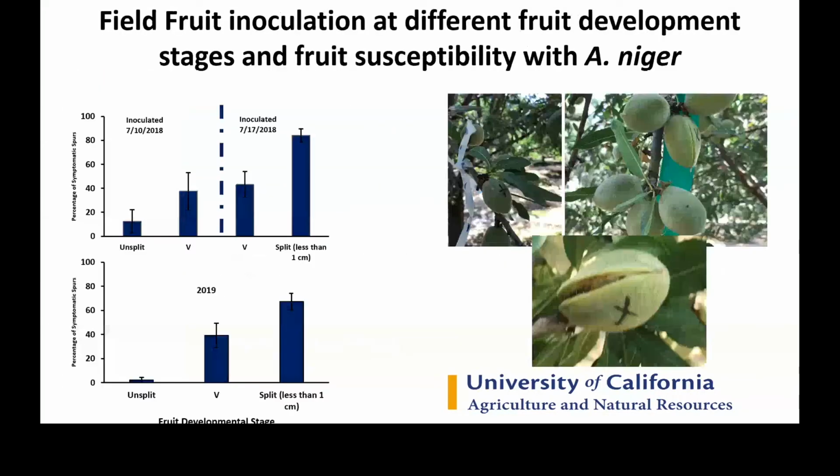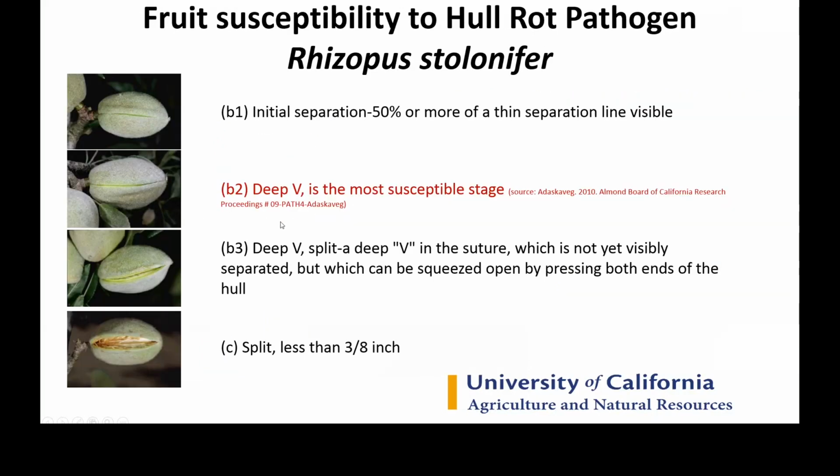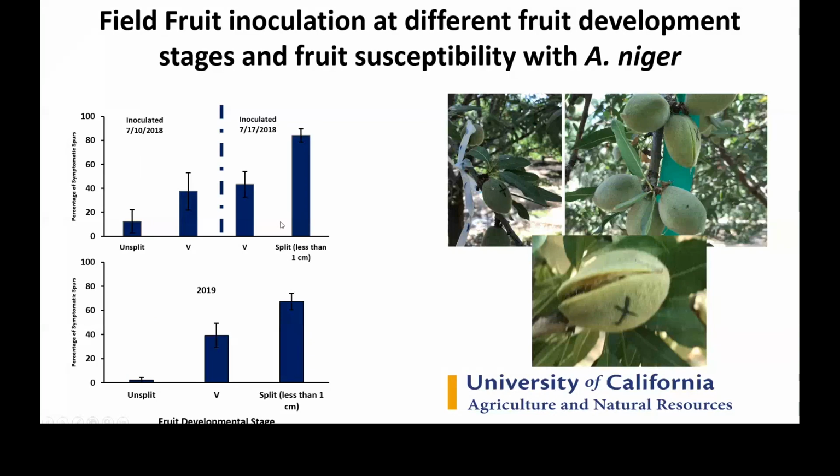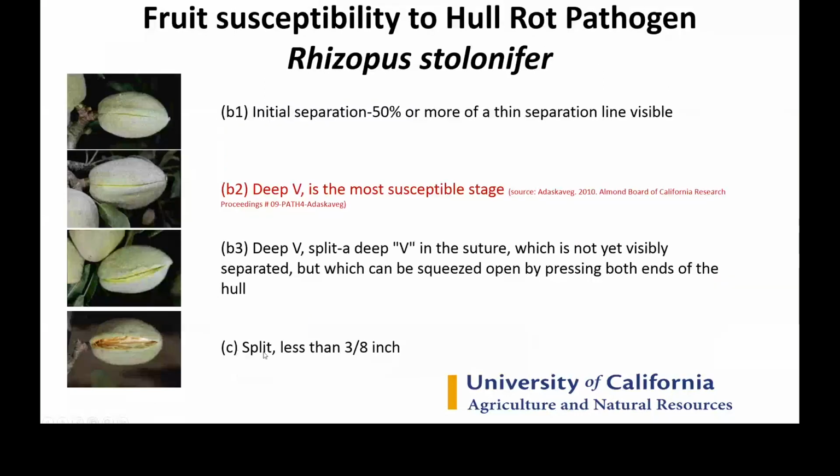When it comes to Aspergillus niger, in previous years I have done similar work looking at 3 major fruit stages: whether the fruit is unsplit, or at the B2 stage, which is the deep V, or when the fruit is split less than 1 centimeter, which is pretty much stage C, split less than 3/8 of an inch.